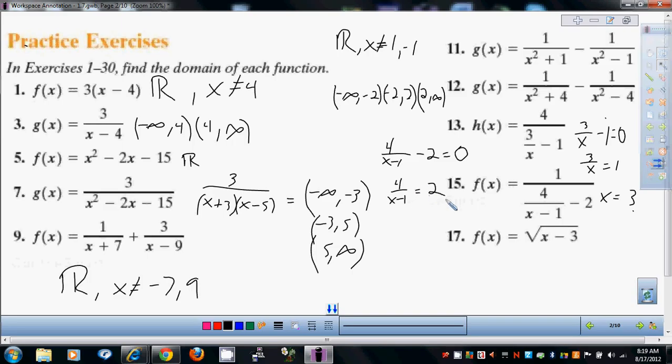Add the 2 to the other side. Multiply the x minus 1 over to the other side. That gives you 4 equals 2x minus 2. Add the 2, divide by 2, and x does equal 3. Boy, I should change colors. Looks like a whole lot of writing.